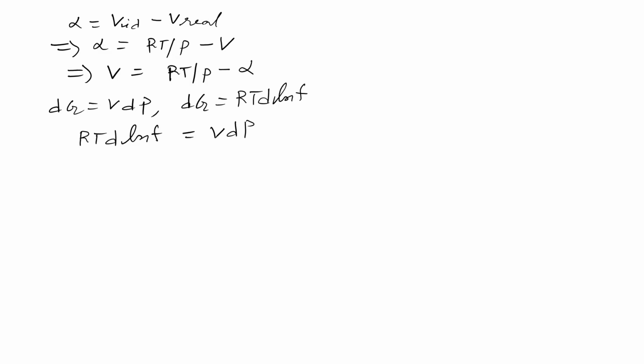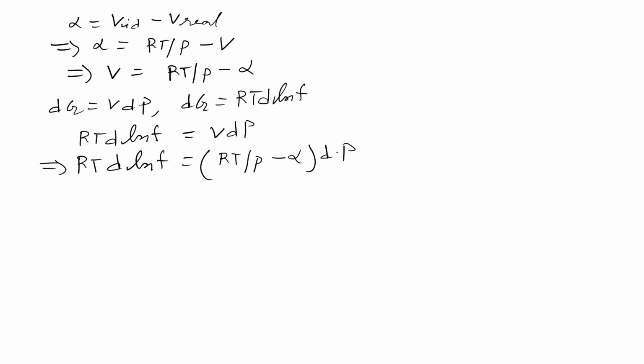Here this V is for the real gas, so in place of V we can write RT by P minus alpha, into dP.